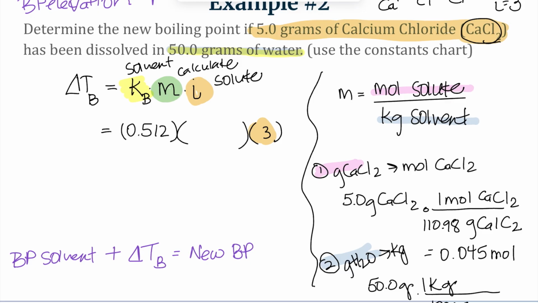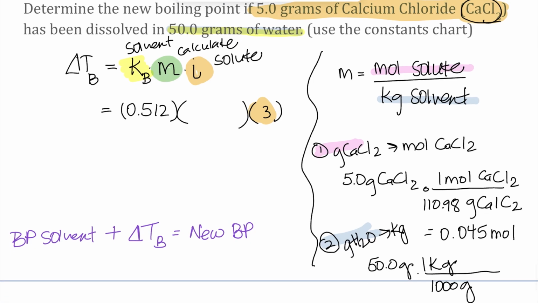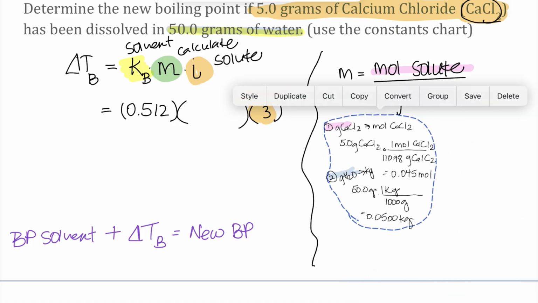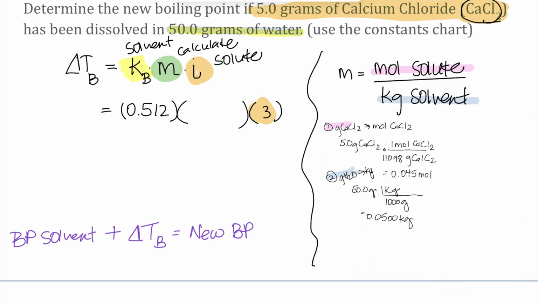And so that's going to be 0.0500 kilograms of water. I maintained sig figs on both of those. You can keep more sig figs until the very end of this calculation, but I did make sure to keep my sig figs here that I needed, so that when I do this calculation, I'm still maintaining those.